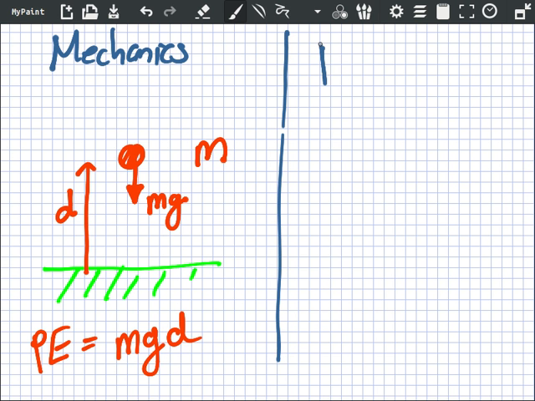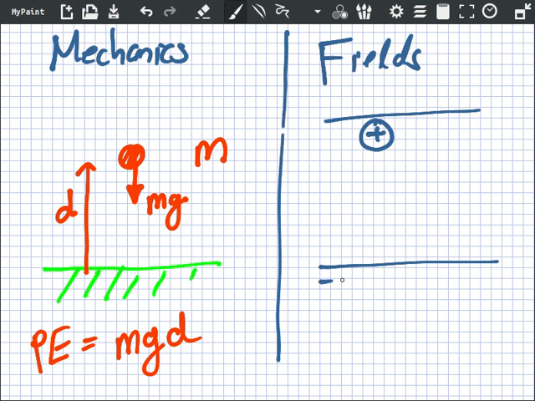Now let's look at what the situation is in fields. So you have two plates, and let's say you have a positive particle here, and this plate is negative. So what will happen? This one will move down. What's the force here?